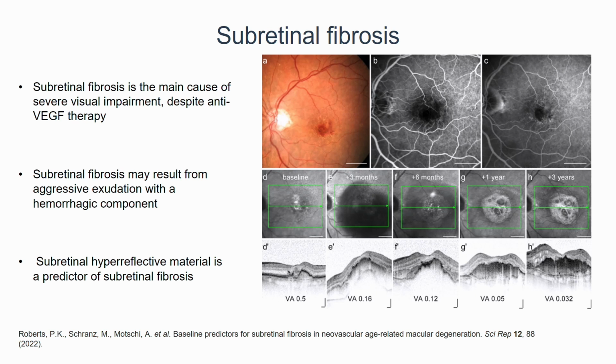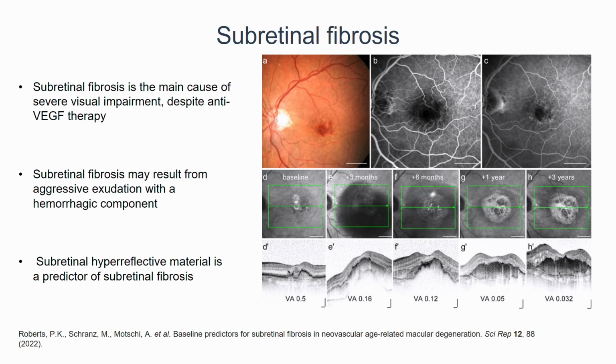The other important aspect of these biomarkers that are reflecting fibrotic risks are definitely subretinal bleeds. And we see that hemorrhagic components and hyperreflective phenomenon and fibrin itself and subretinal fibrosis, well, all these are reasons of subretinal fibrosis.